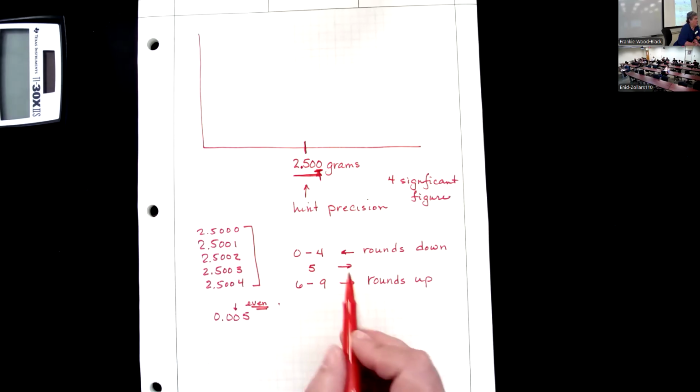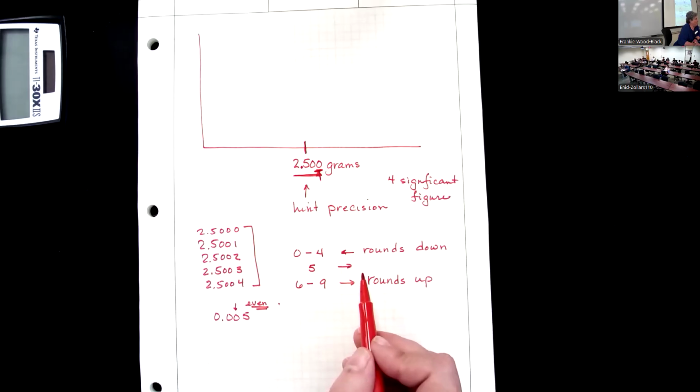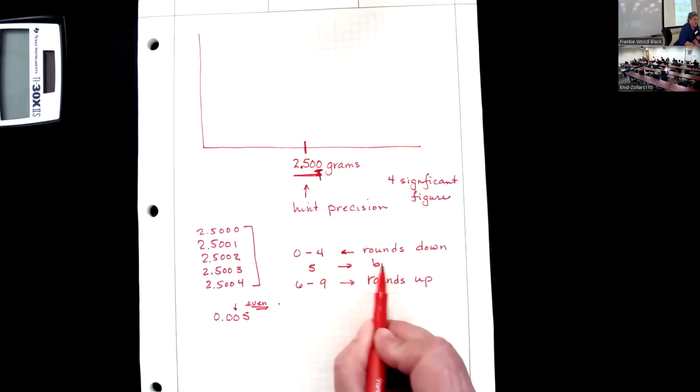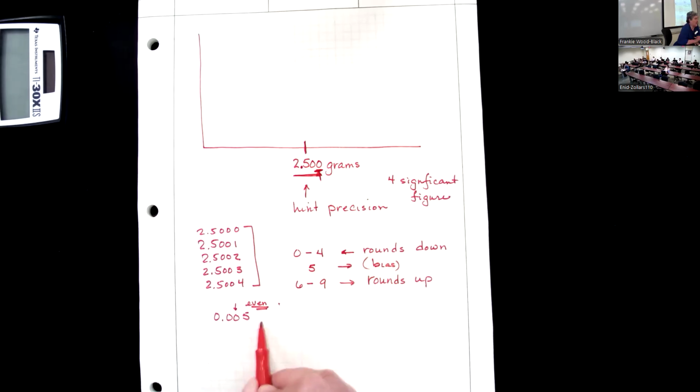So what's going to happen is we're going to round up half of the time and we're going to round down half the time. And that is to alleviate bias. So we're going to use that convention so that we're rounding up half the time and down half the time.